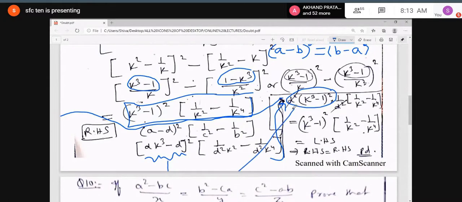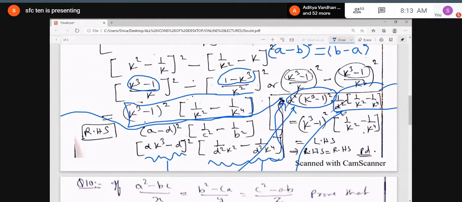Into, in the second bracket, what can I take common? 1 upon d square I can take common. So what will be left? 1 upon k square minus 1 upon k raised to power 4. So d square and d square will be cancelled, and what is left? (k cube minus 1) whole square into 1 upon k square minus 1 upon k raised to power 4.